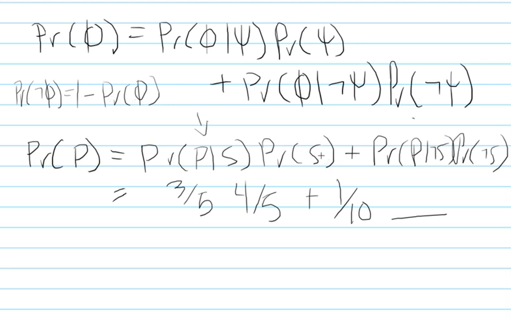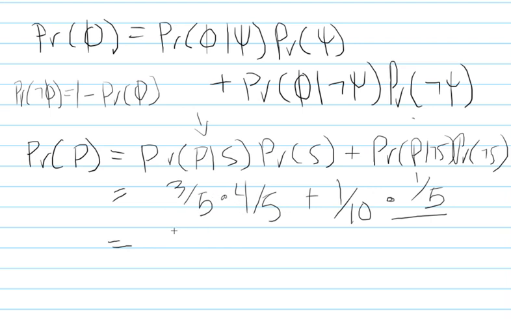So the probability of not S is 1 minus 4 over 5, which is 5 over 5 minus 4 over 5, which is 1 over 5. So the question has given us all the information we need to fill out the right-hand side of the law of total probability. And now the rest is simple mathematics.